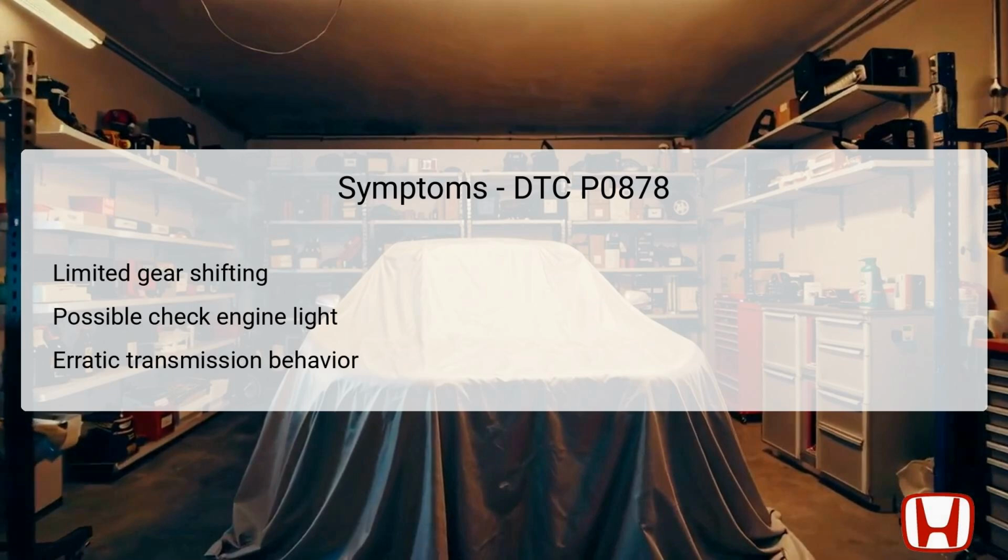In addition to these, drivers might also experience erratic or unusual behavior from the transmission, such as harsh shifting or slipping. By closely monitoring these symptoms, technicians can confirm a diagnosis of DTC P0878 and begin the necessary troubleshooting process. Identifying these signs early can help mitigate further damage to the transmission system.